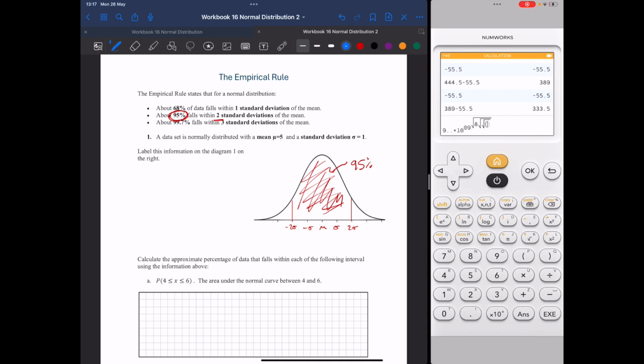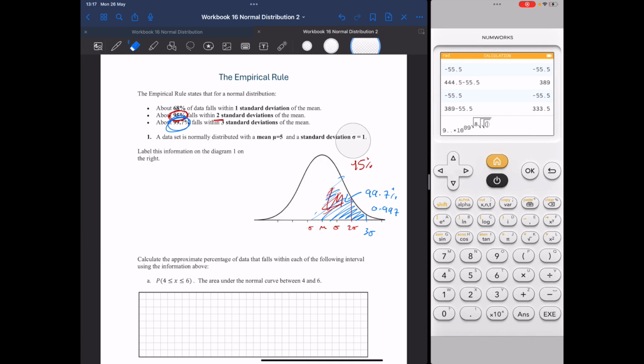And then the third area, which is 99.7, that's from 3 standard deviations from the mean. 3 standard deviations, that's this whole area here. And that whole area here is going to be 99.7% or 0.997 as a probability.